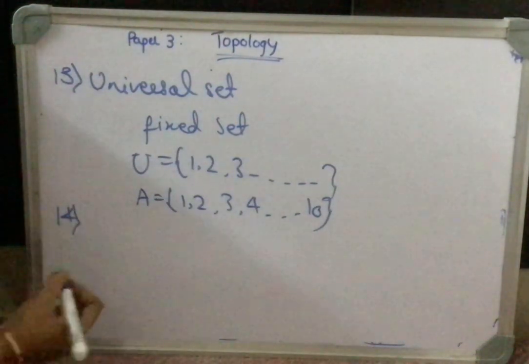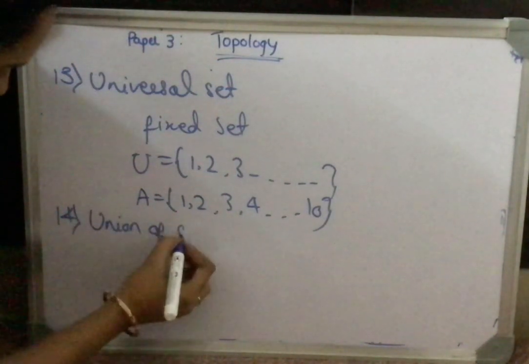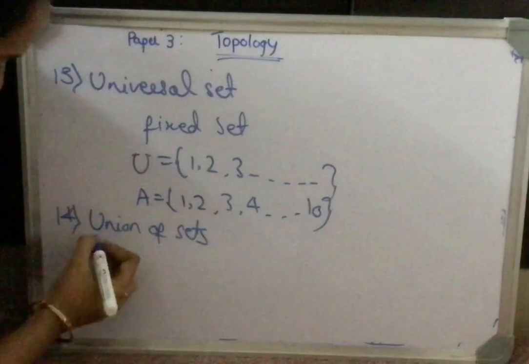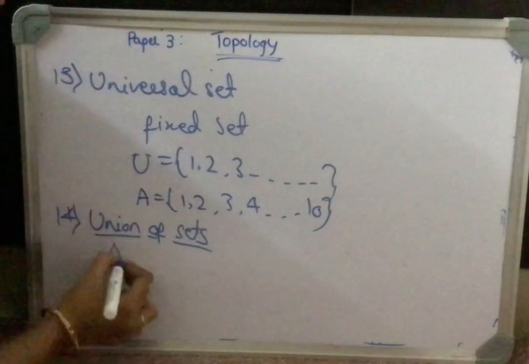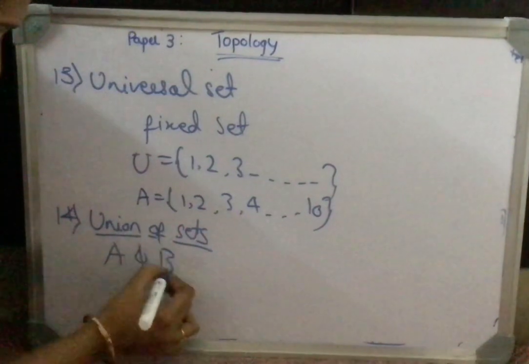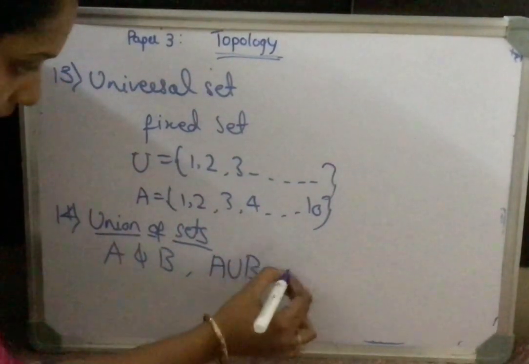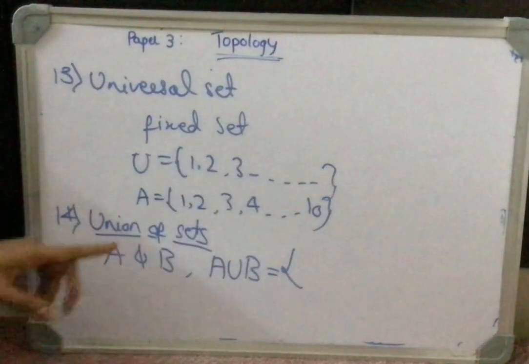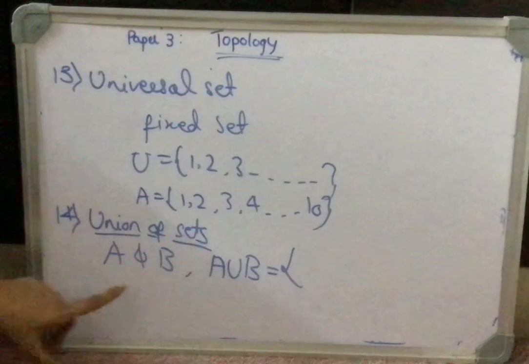Next one, union of sets. If A and B are any two sets, then the union of A and B is denoted by A union B. It contains the elements which are either in A or in B or in both.